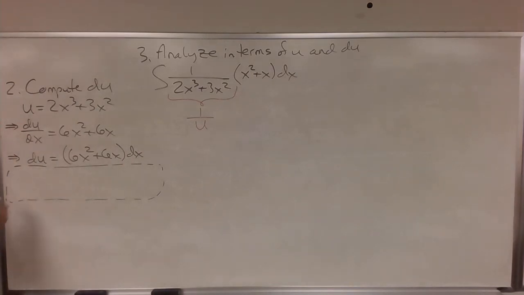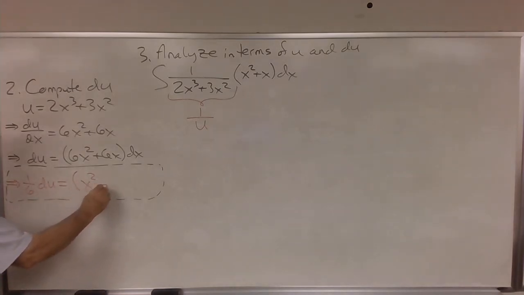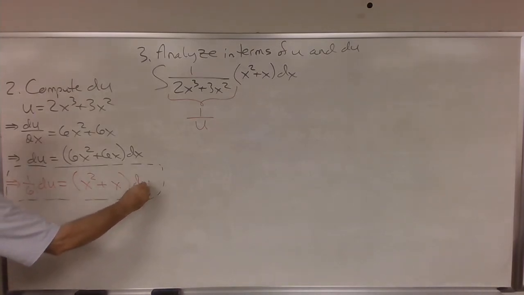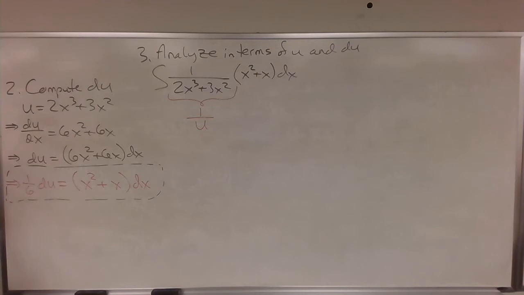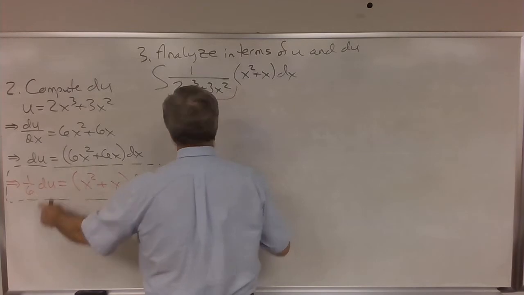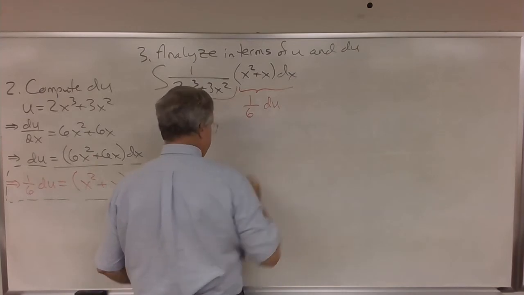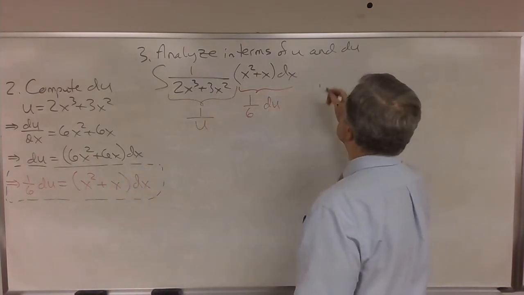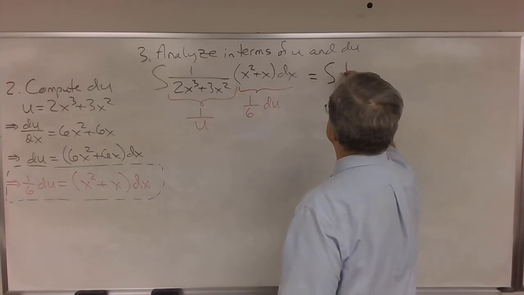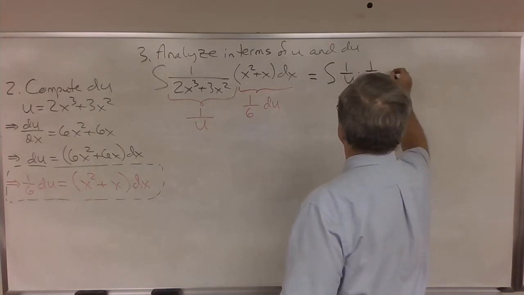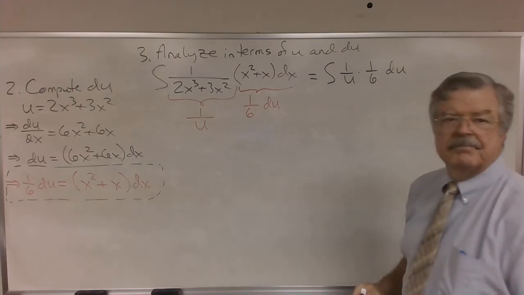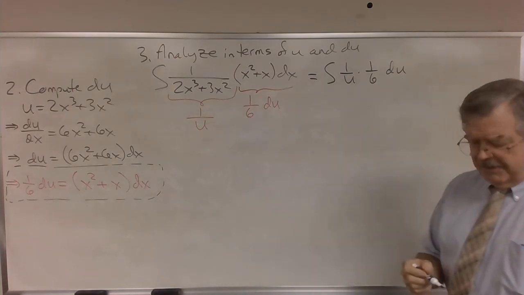And the answer is we have to multiply by a sixth, or divide by 6. So we multiply both sides by a sixth. So (x squared plus x) dx, that's 1/6 du. There's our integral in terms of u.